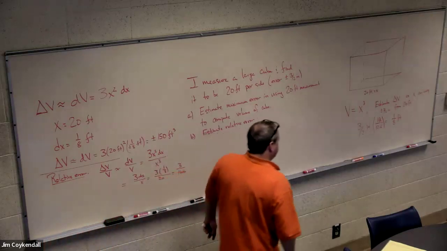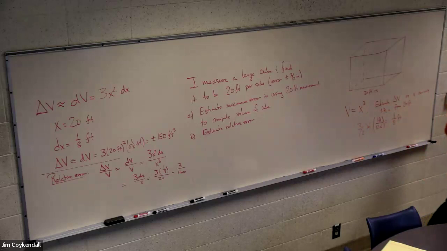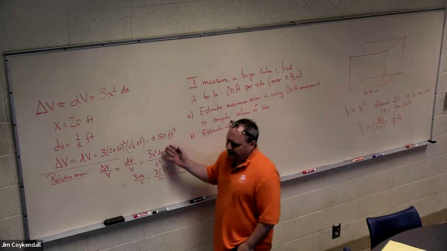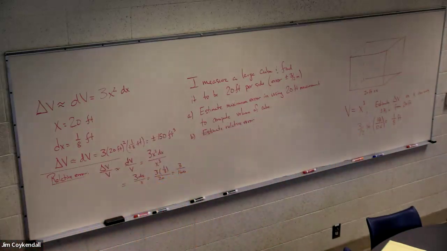Now, my original, let's go back to that question. My plus or minus 150 cubic feet, is that an overestimate or an underestimate of the maximum error? What do you think?